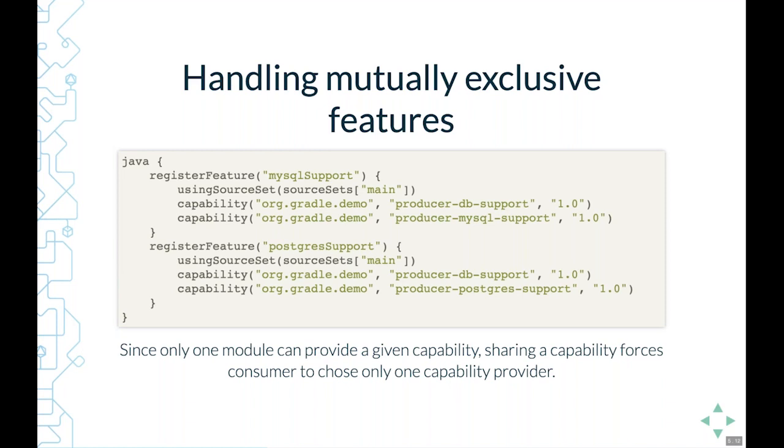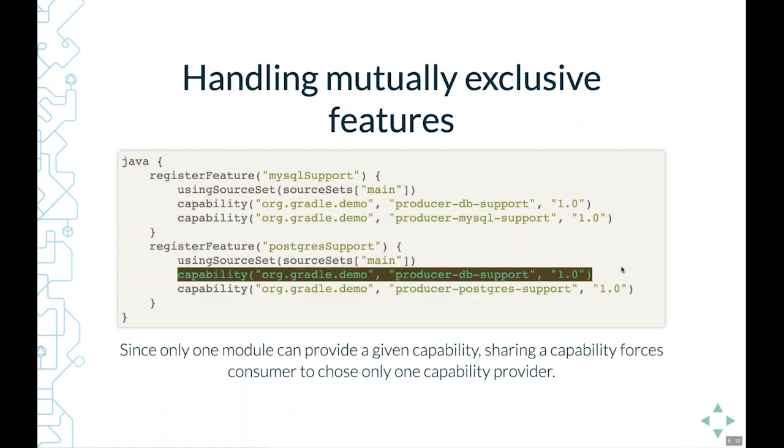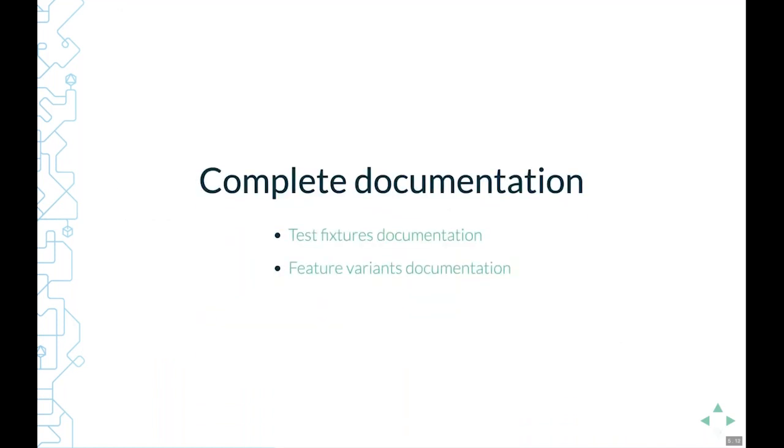And the way you do that is by declaring that they all have a common capability. And by having that common capability, Gradle will ensure that consumers have to make a choice between one or the other module that provides the capability. If you want to know more, when the slides are published, you'll have links here to the full documentation on both test fixtures and feature variants.